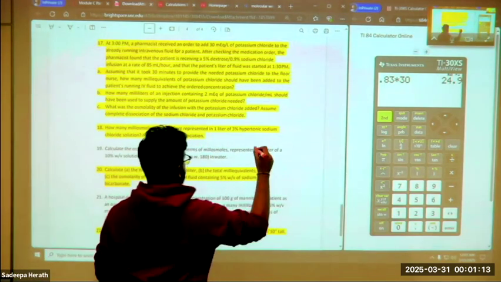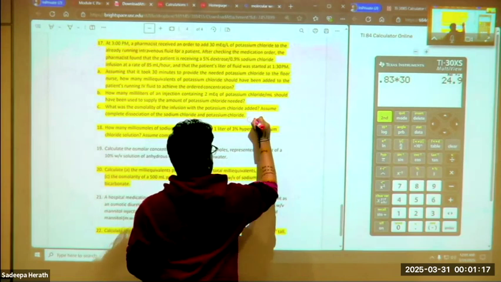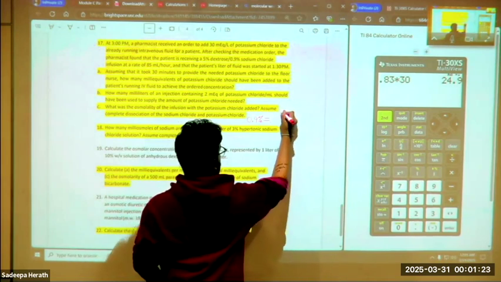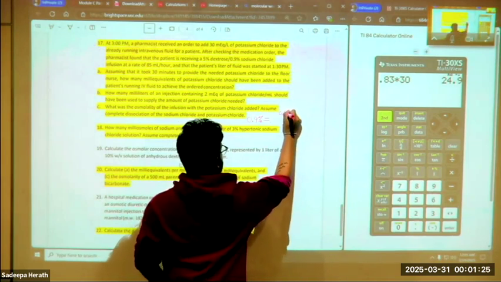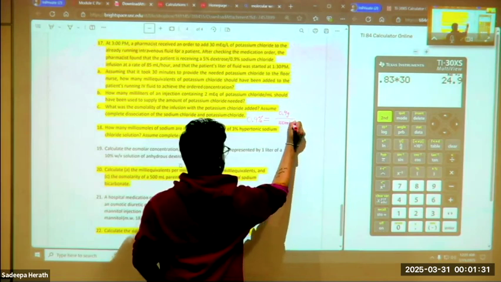Sodium chloride is given to us as a percentage. So let's write this here. 0.9%. That equates to 0.9 grams over 100 ml.